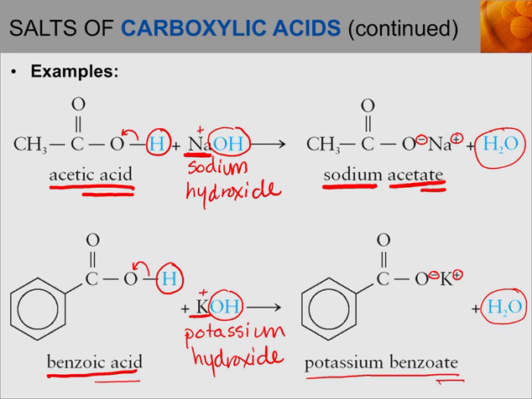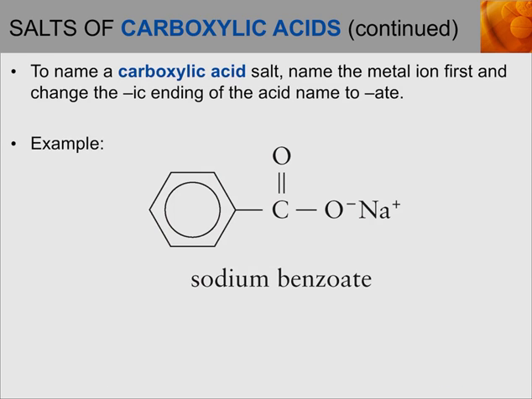All right, so by now you probably picked up on the pattern for naming these carboxylic acid salts. To name these salts, you're going to name the metal ion first, and then change the ic ending to ate. So the example down below, we have our metal ion, sodium, and then the rest here was originally benzoic acid, but then we just changed the ending to ate, so it became benzoate.